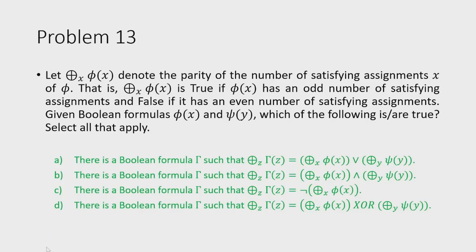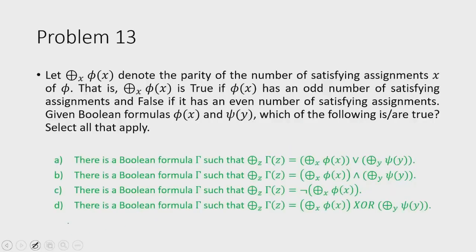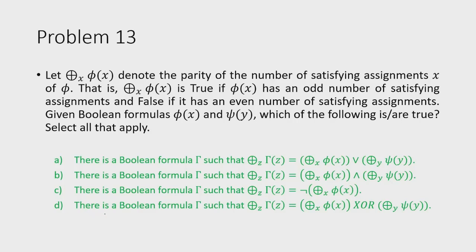So using exactly the trick that we used over here, we can construct a formula for XOR by writing down XOR in the form of ands and nots, and then using that expression and the constructions for and and not. So using these, we can also construct a Boolean formula gamma so that parity_z gamma(z) equals parity_x phi(x) or parity_y psi(y). So that's all the problems for today.